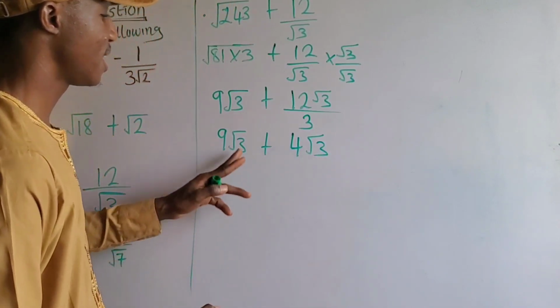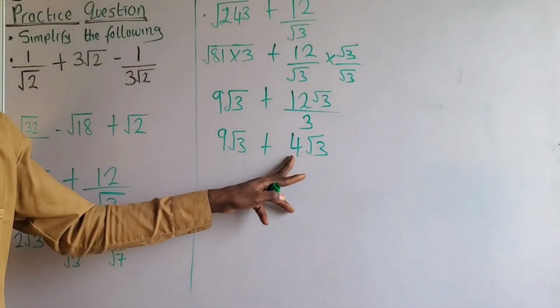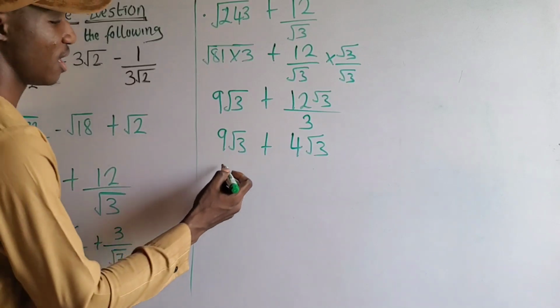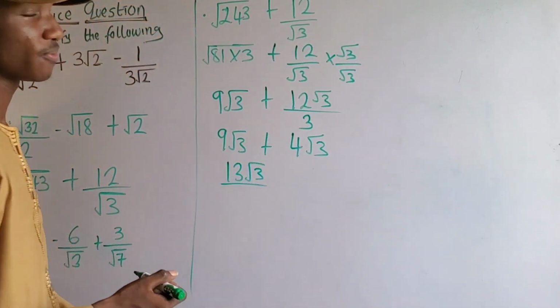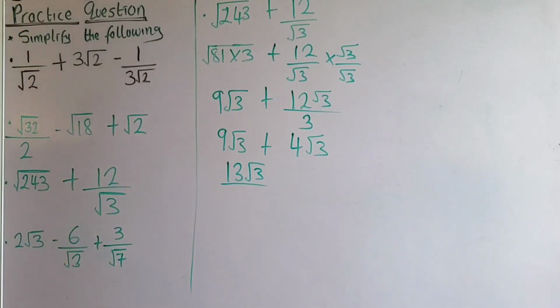Okay, 9 root 3 plus 4 root 3 will give us 13 root 3, which is the final answer. If you got that as your final answer, you are correct. But if you didn't, that means you are wrong. So let us proceed to the next question.